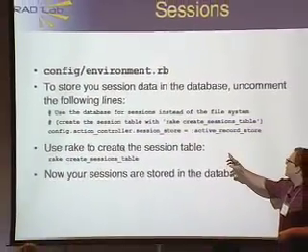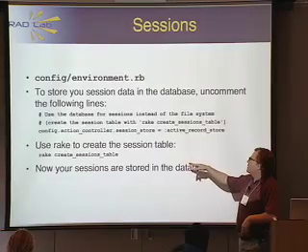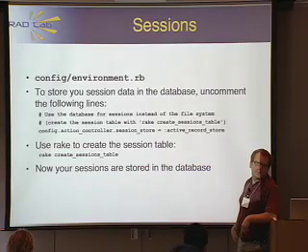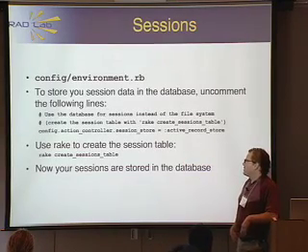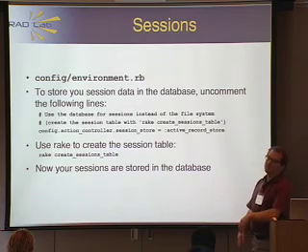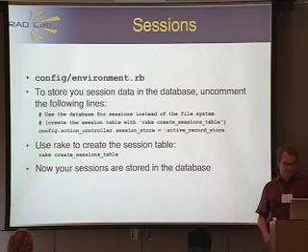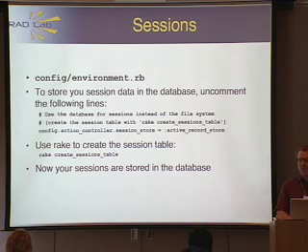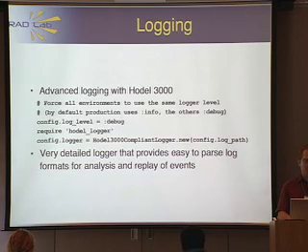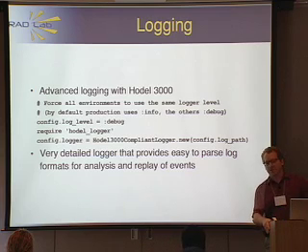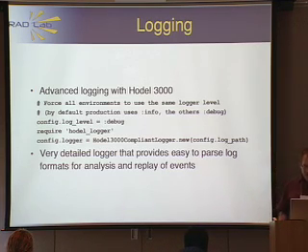And that will create the session table for me. And it just sets everything up for you. Now you have sessions stored in the database. That's about all there is to it. There are other session stores as well. You can store them in memcached. You can store them in DRb. There's a lot of different options.